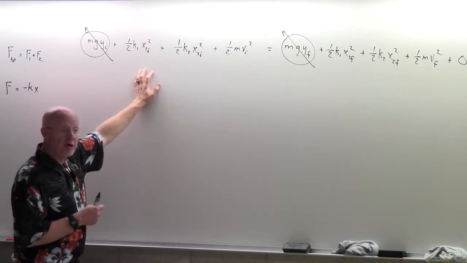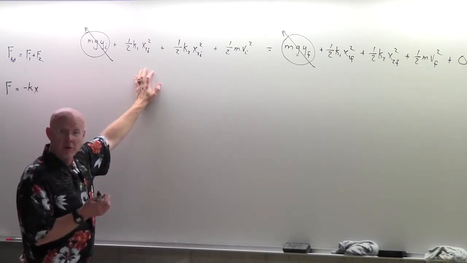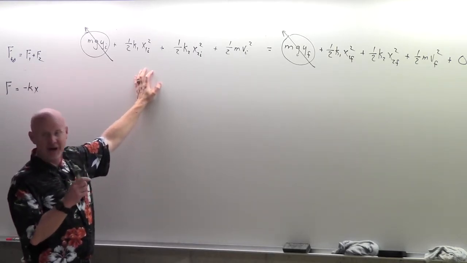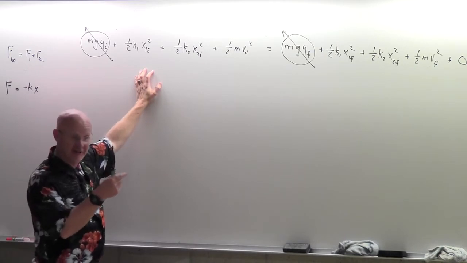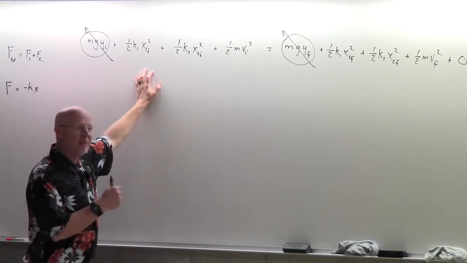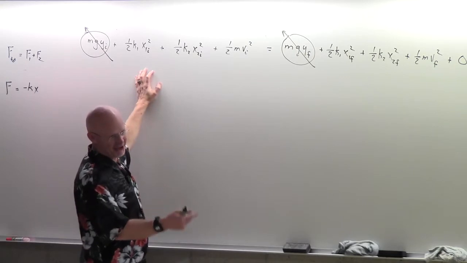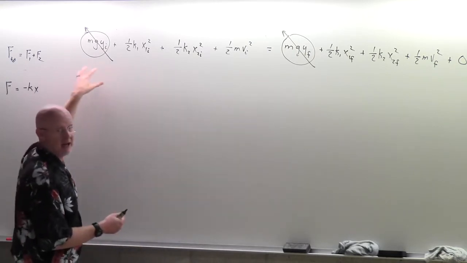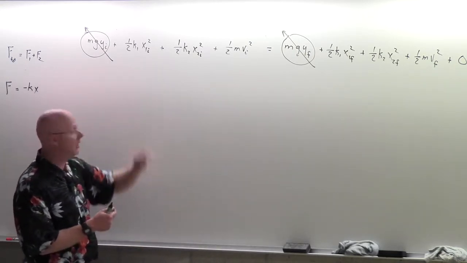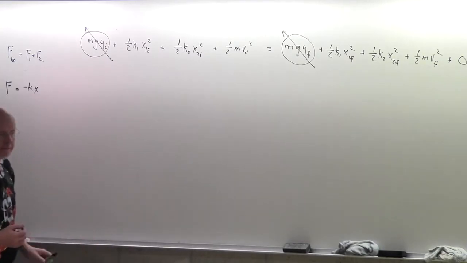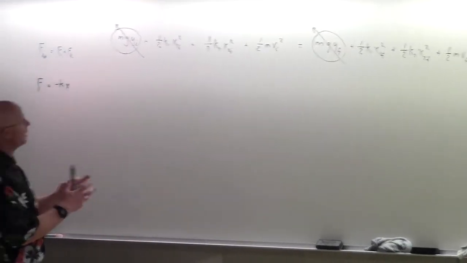But for the springs, the origin of x equals 0 has been chosen as the natural length of the spring, but the direction has not been chosen for us. And so we've got to be careful on these two. They're easy to mix back and forth.